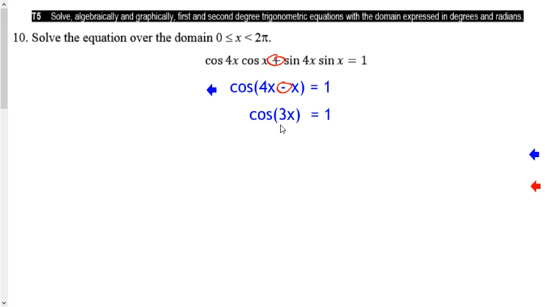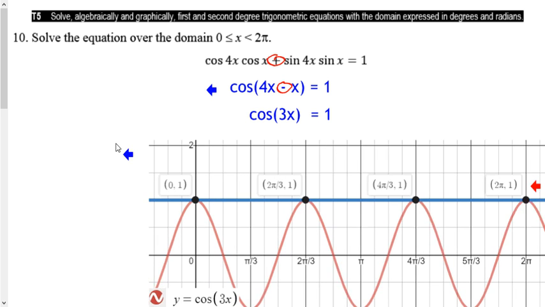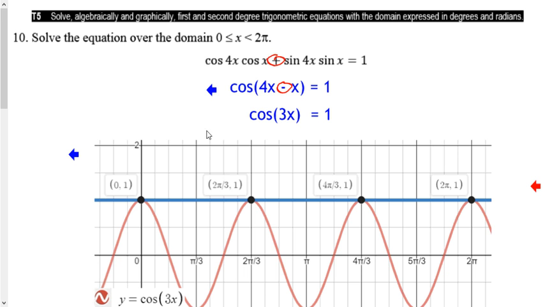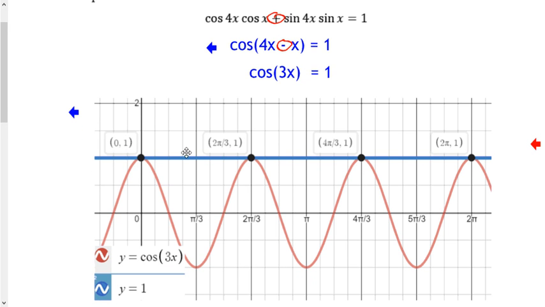So up to this point, we've done all the algebra we need to, and we can just sketch a graph to find the solutions. So here we look at the domain from 0 to 2 pi. Include 0, don't include 2 pi. So as I go through here and I graphed, the left side is the cosine function, the right side is y equals 1, and I can see these 4 solutions.